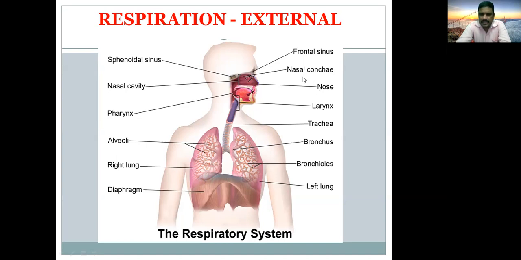To receive that oxygen and send it into the blood, the lungs are helpful. In the inspiration process, oxygen along with the air enters into the lungs, and the lungs send the oxygen into blood, and receive carbon dioxide from blood, and send the carbon dioxide to the exterior by the second phase called exhalation or expiration. So this is about external respiration.